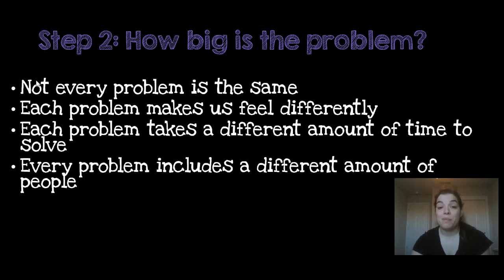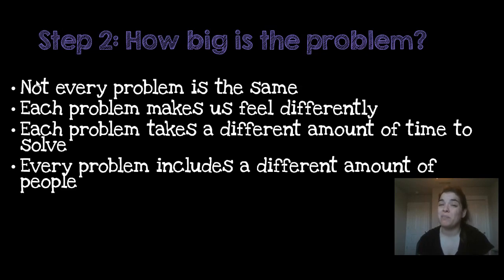And every problem includes a different amount of people. And this might be hard to understand, but if I hurt my finger, if I'm running and I fall and I hurt my finger, how many people are in the problem? Just one, just me. I was running, I fell, and I hurt my finger.